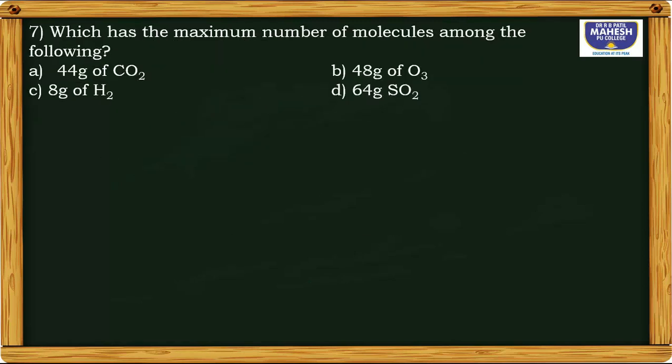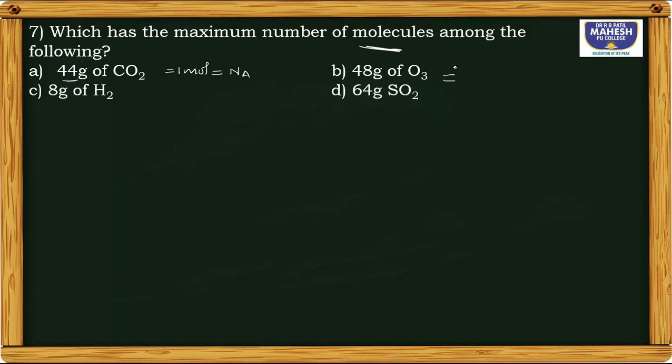Next question: which of the following has the maximum number of molecules in it? So 44 gram, you know, is 1 mole of carbon dioxide, and that has a number of molecules equal to Avogadro number. 48 gram of ozone: once again, 1 oxygen is 16, 3 oxygens is 48.